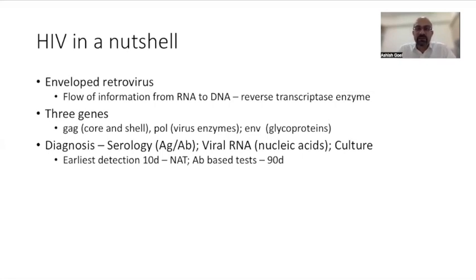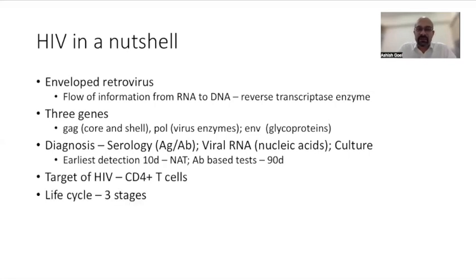The earliest possible diagnosis after an exposure to HIV infection or an infected individual or an infected body fluid is at 10 days, and this is possible by nucleic acid tests. The antibody-based tests may take up to 90 days for detection of antibodies. The HIV targets CD4 plus T cells in the body, which are also called the T helper cells.